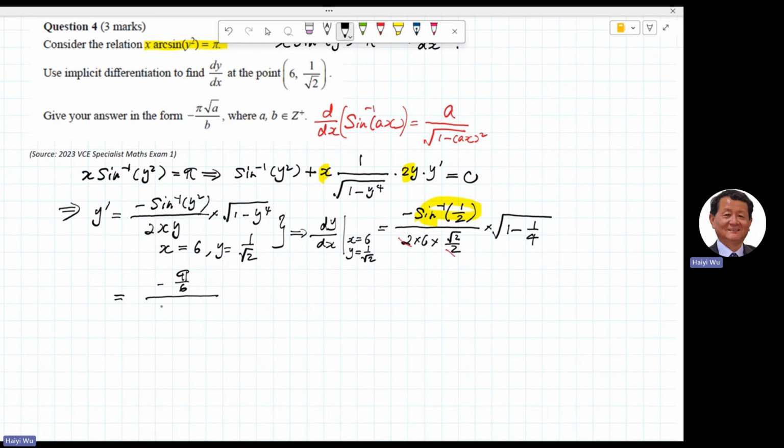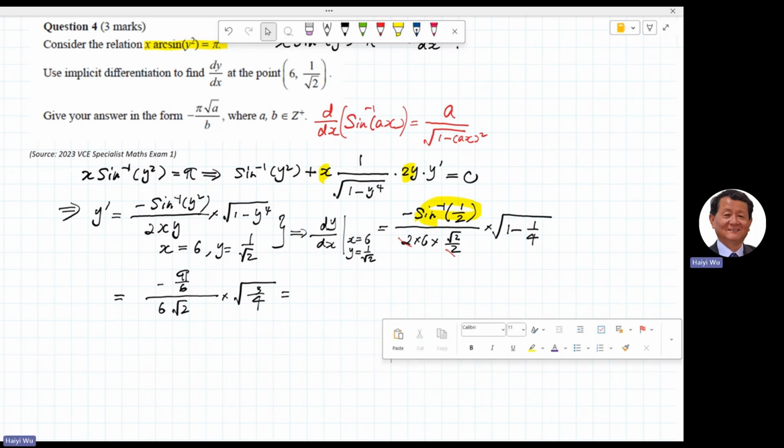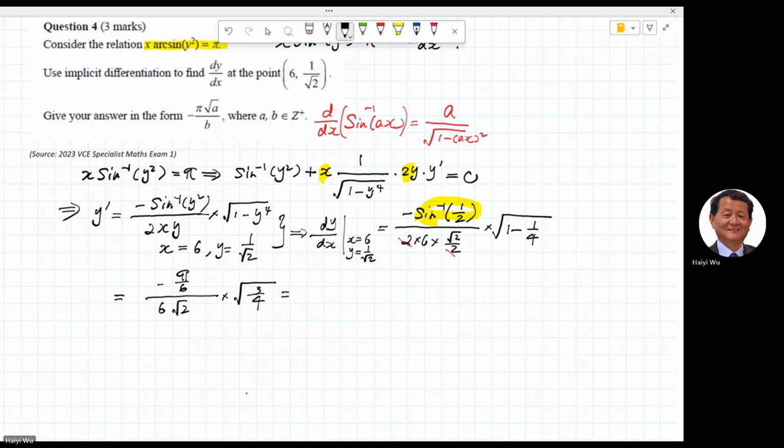The answer will be 6 square root of 2 times square root of 3 over 4, with the negative pi over 6 undone: negative pi over 6, times 6, times square root 2, times 2 over square root 3.